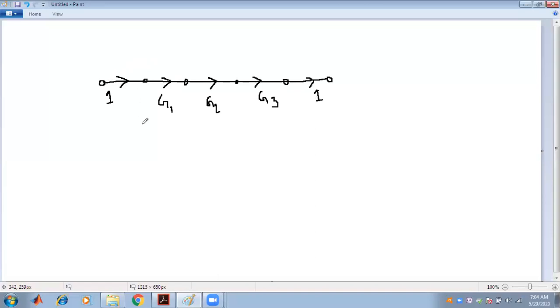These are generally known as the nodes. And again, that is given as G4.